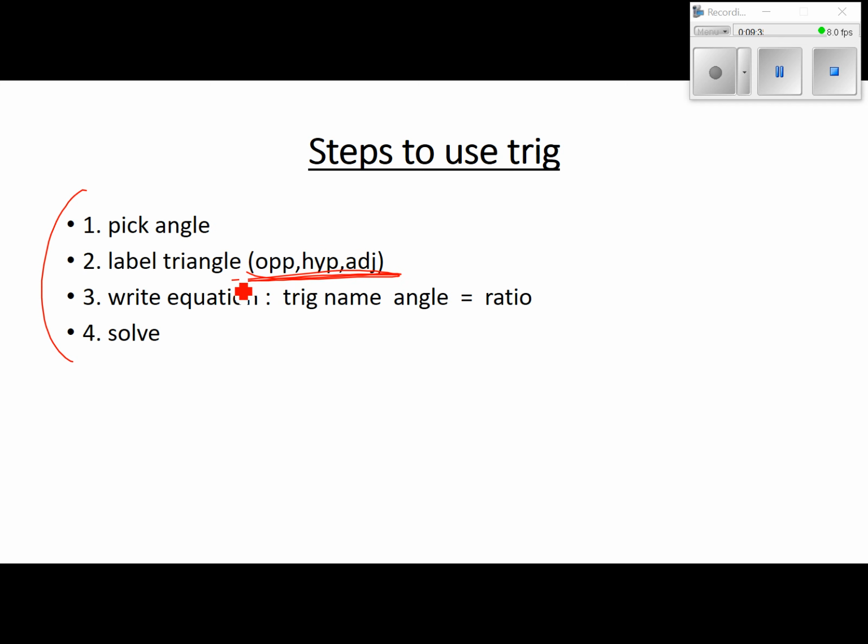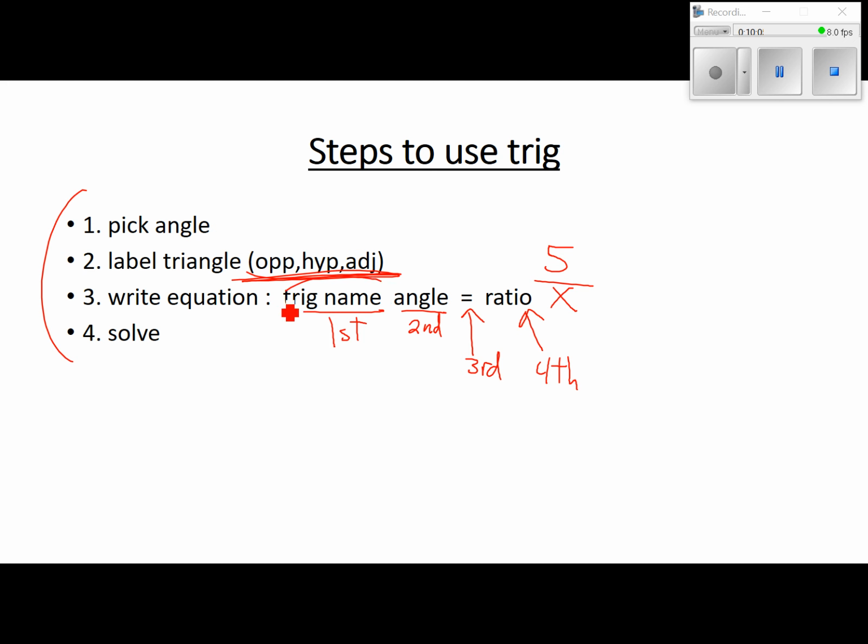Then you're going to write an equation. That equation has 4 parts. First part, the trig name: sine, cosine, or tangent. That's probably the hardest part, deciding which one you're using. Second thing is your angle. The third thing is the equal sign. And the fourth thing is your ratio, which is just going to be some fraction, something like 5 over x or whatever it happens to be.